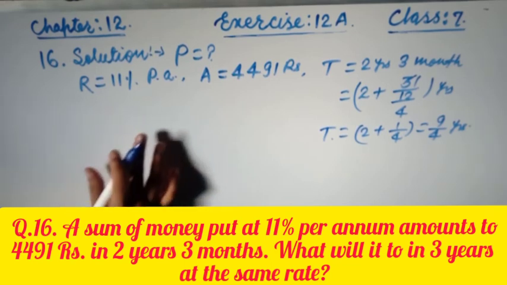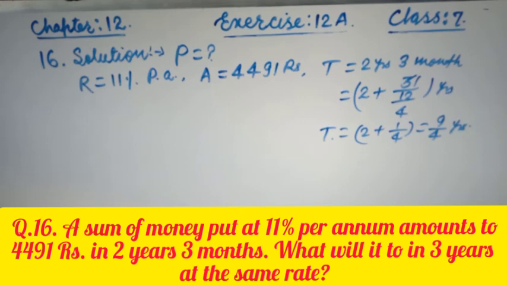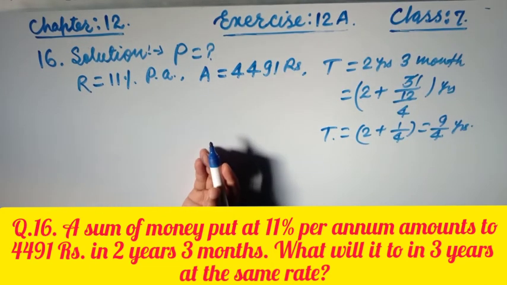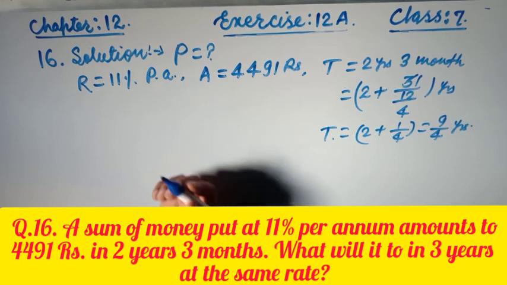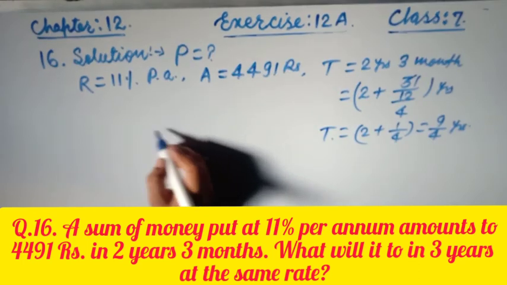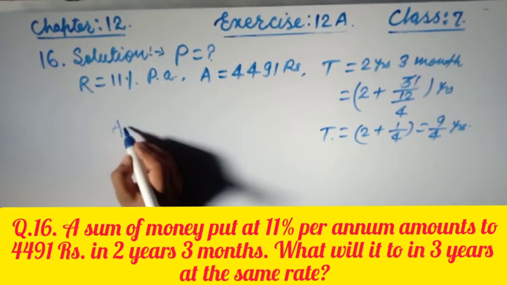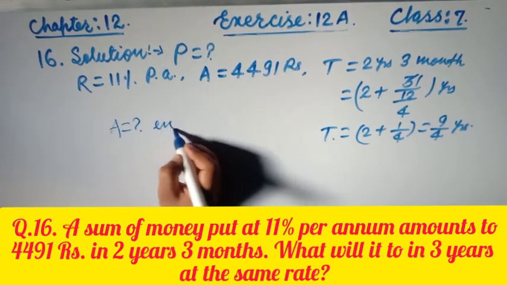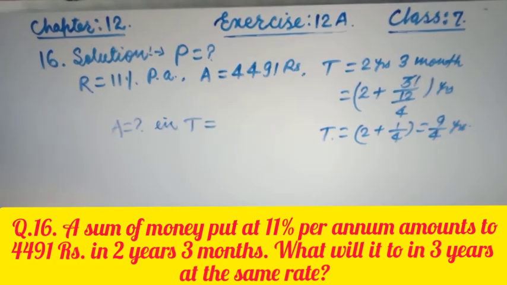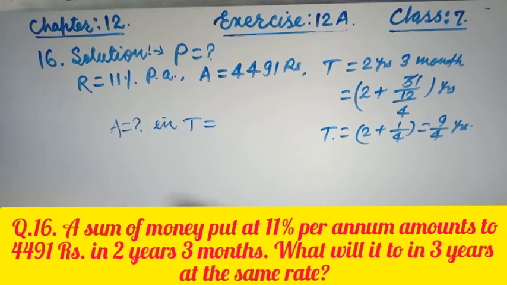Whatever is given we copied, and now the second says: what will it amount to in 3 years at the same rate? That means in the second condition we have to find the amount in the time given. Time is given here: 3 years.